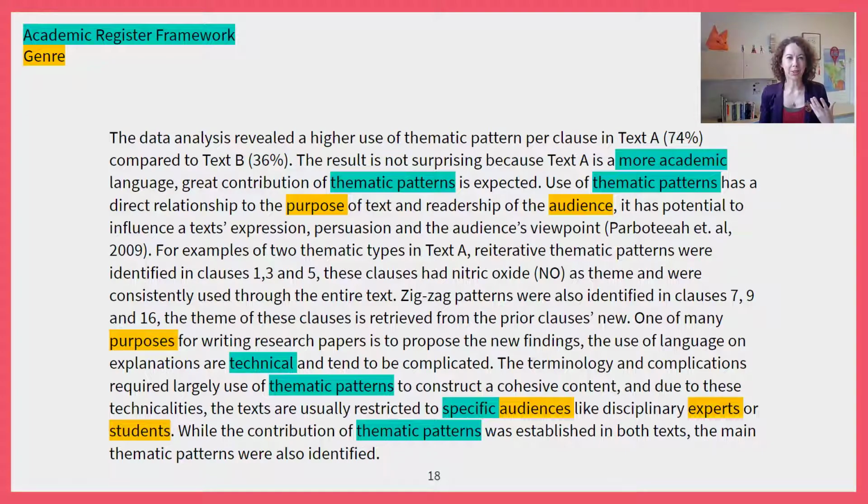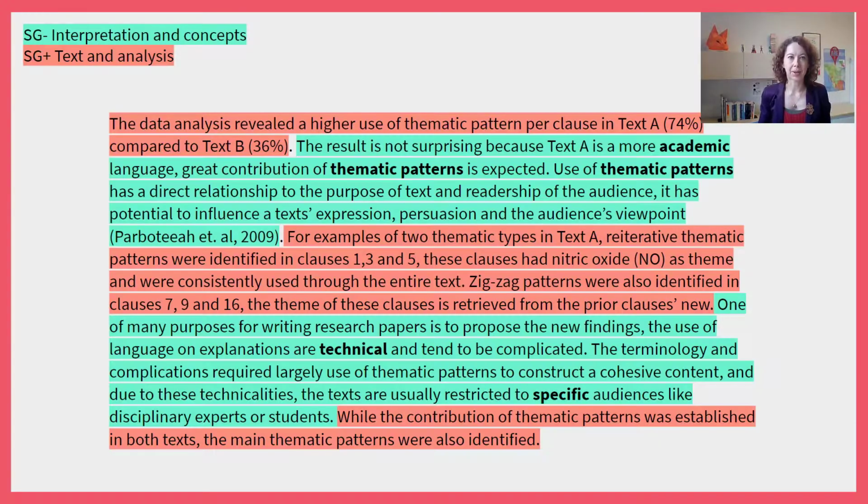And if we try and do a semantic wave analysis, and I've used semantic gravity coding in the top left-hand corner key, you can see the paragraph starts with this description of the text and the analysis that the student did, moves up using those references to academic and theme patterns to an interpretation, the concepts and how they're used in general, what the impacts are, back down to examples from the text, and in other students' work that we had quotes of specific examples, harder to do with theme patterns.